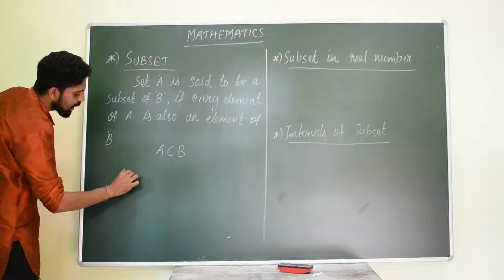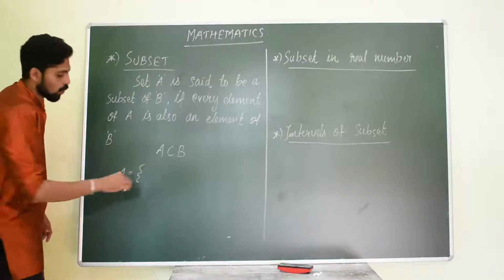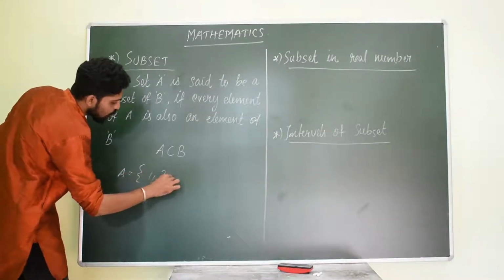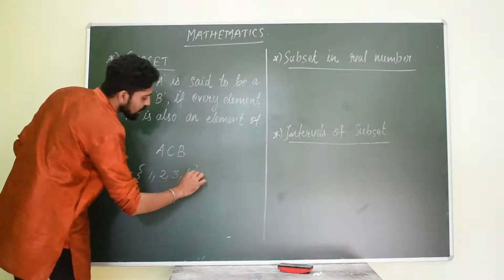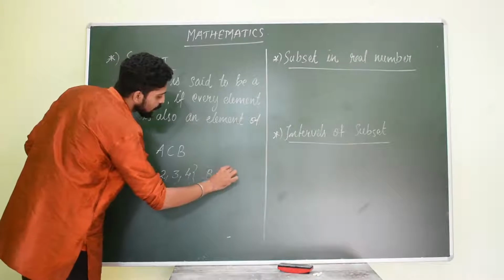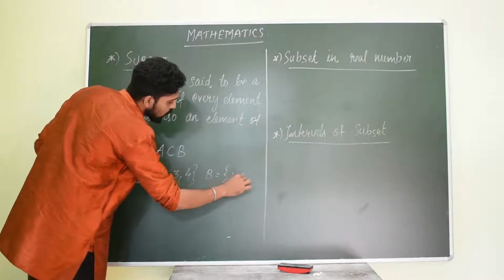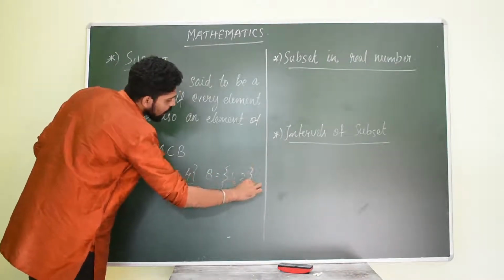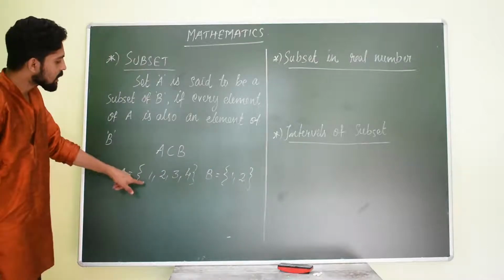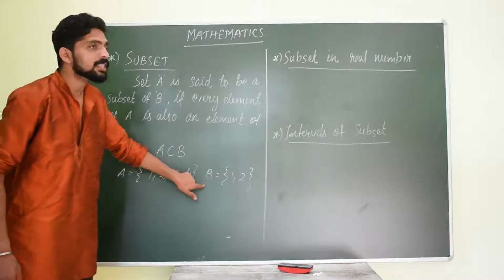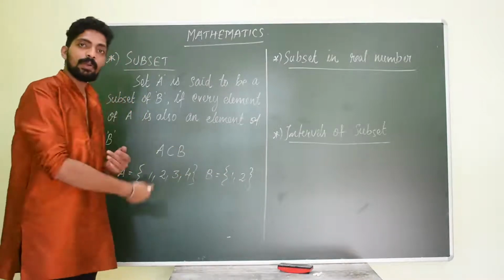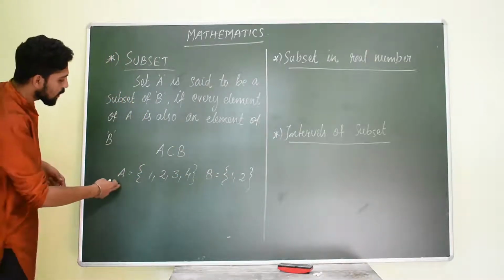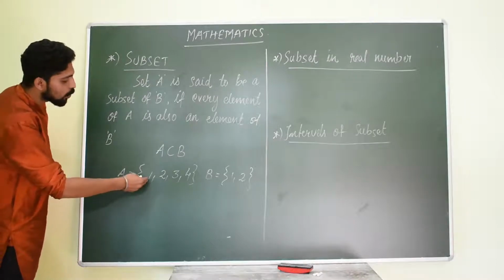The set A is equal to {1, 2, 3, 4}. In the same way, set B is equal to {1, 2}. These are two sets. From here, you can observe that set A's elements are 1, 2, 3, 4.